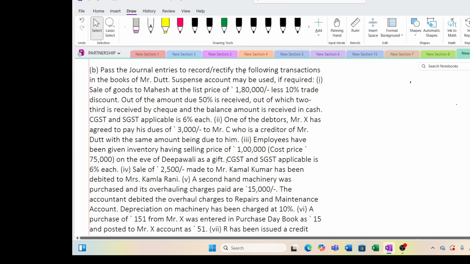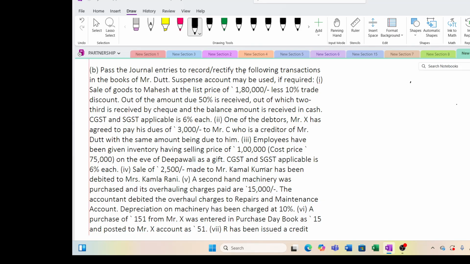Okay. So whenever it is not a sale, you cannot book anything at the selling price. When it is not a sale, you have to book it at your cost price only. So purchase cost is 75,000, and on that CGST and SGST is applicable. See here, when he bought for 75,000, he would have paid the CGST to the seller.